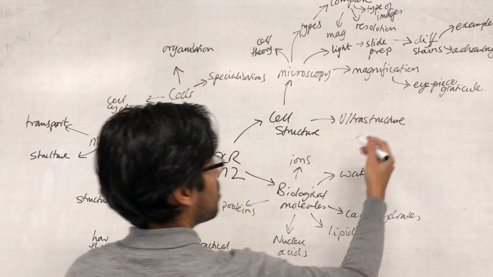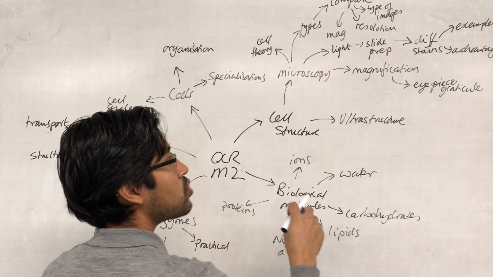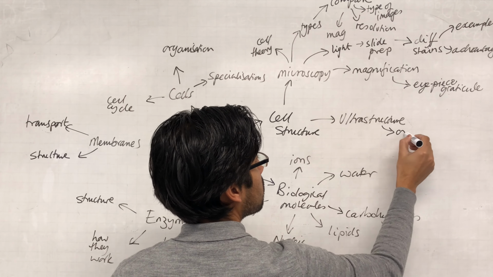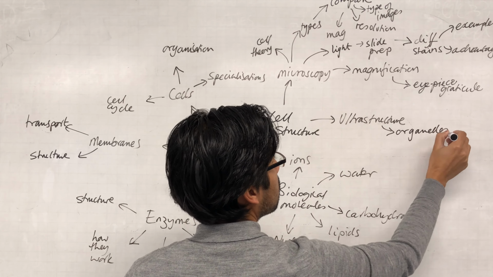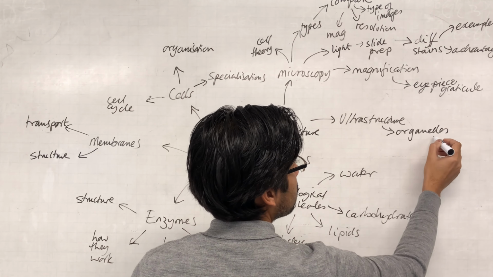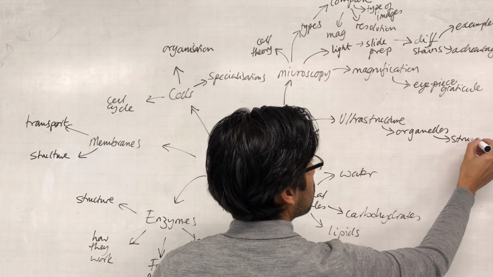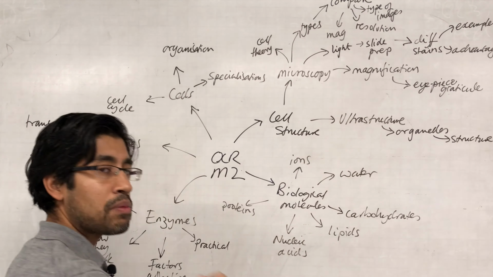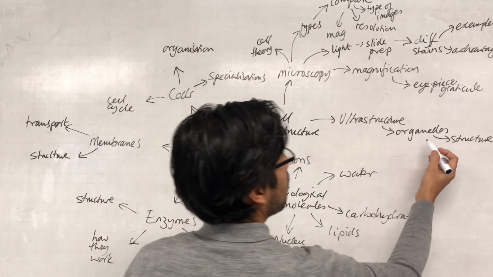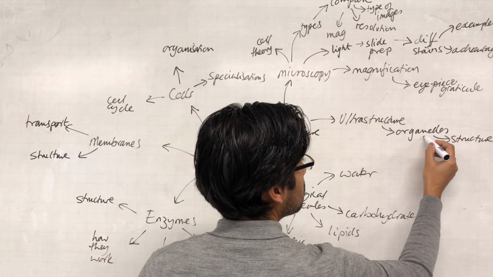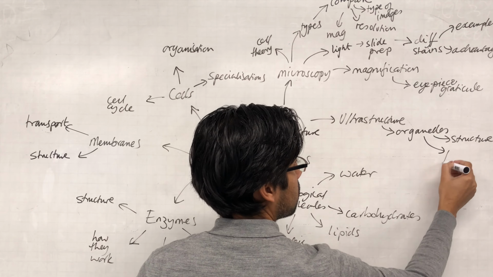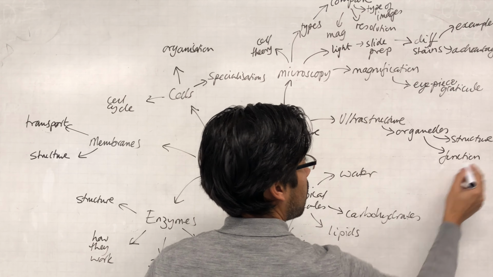Now, ultrastructure really is quite straightforward, because in this category all you really need to know is you've got to know all the organelles, but then the more tricky thing is, for each organelle you need to be able to describe their structure, you need to be able to recognize them if you see them, and you need to know its structure and what its function is.